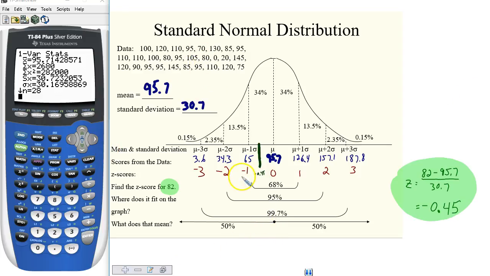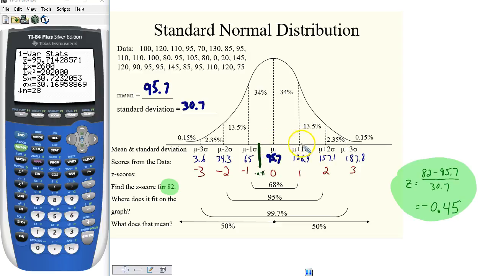Assuming that this data follows a normal distribution, I could say that I am confident that about 34% of the data falls between 65 and 95.7. Or I am confident that about 50% of all of the data is less than 95.7.